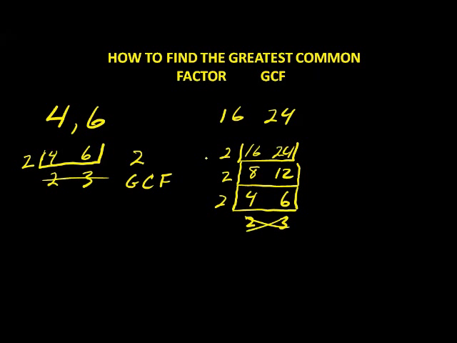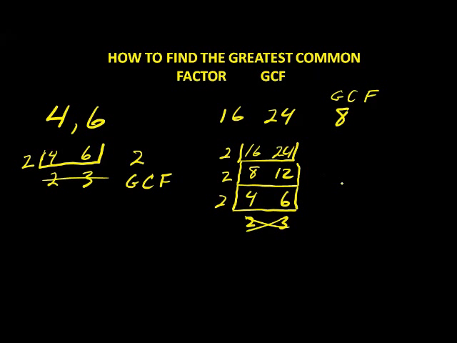And so, the greatest common factor of 16 and 24 is 2 times 2 times 2. So 2 times 2 is 4, and then 4 times 2 is 8. So the greatest common factor is 8. The greatest common factor, GCF, for 16 and 24 is this number, 8.